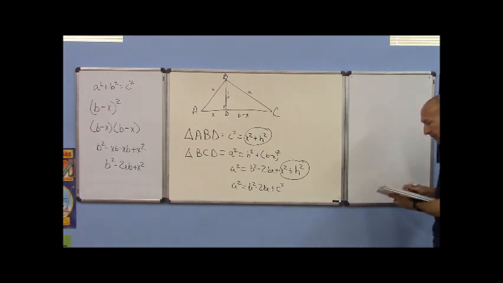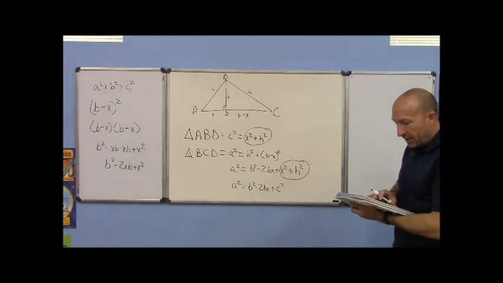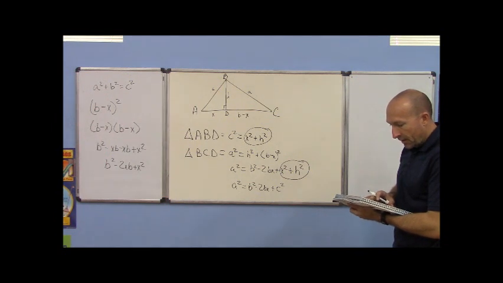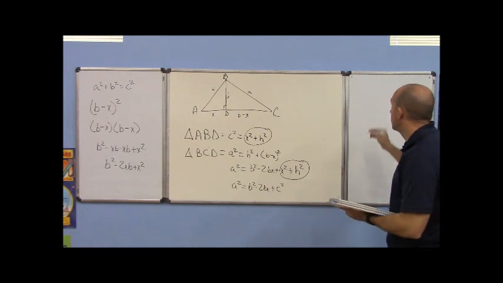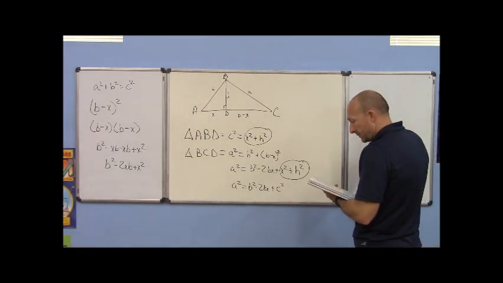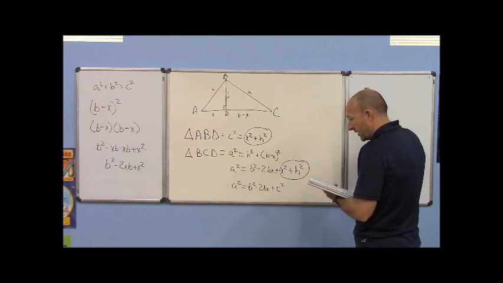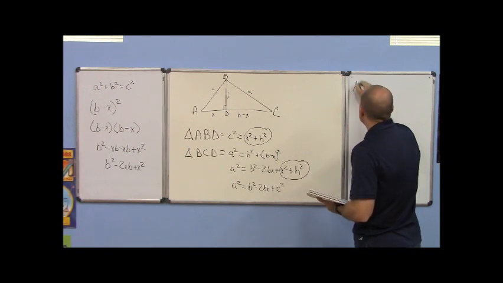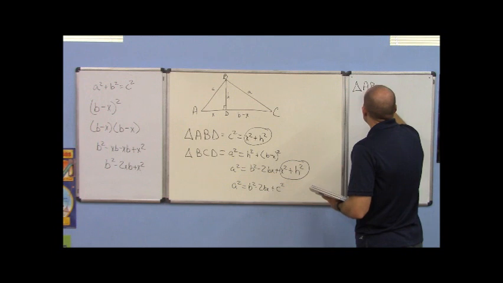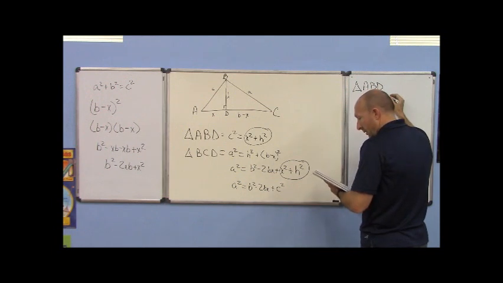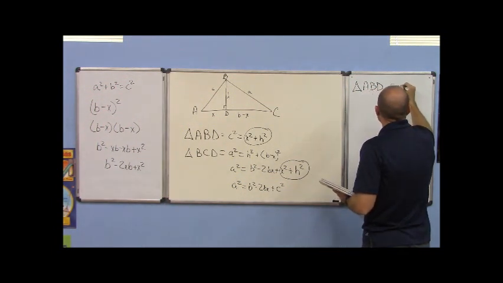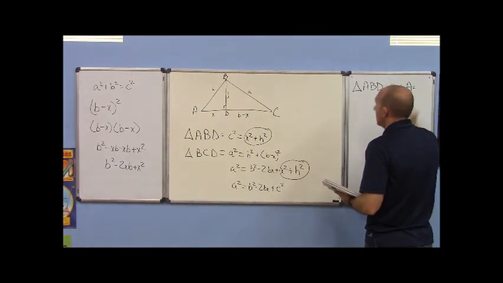Now, finally, what we can determine is, for instance, the cosine of, and this is going to be interesting, we'll walk through it. In triangle ABD, we have the cosine of A being what?